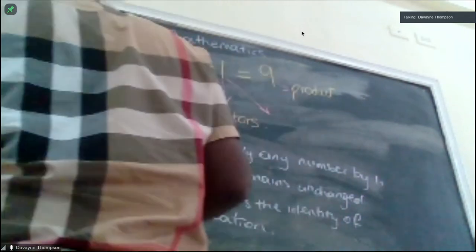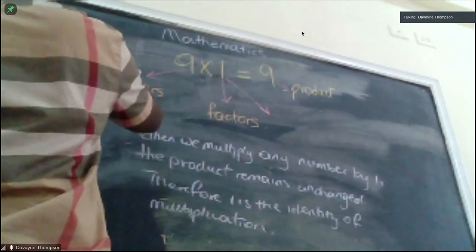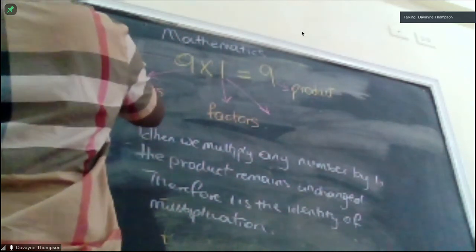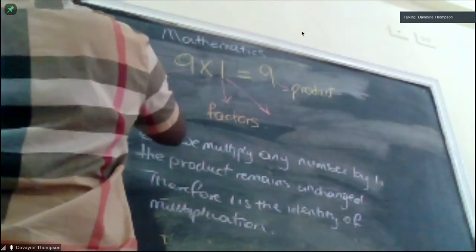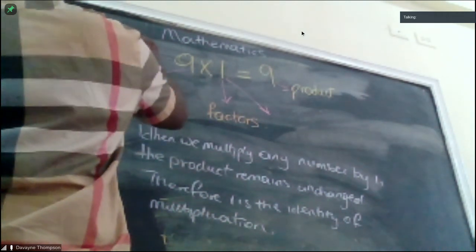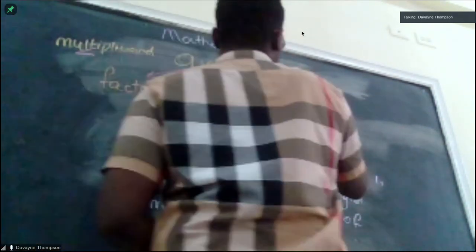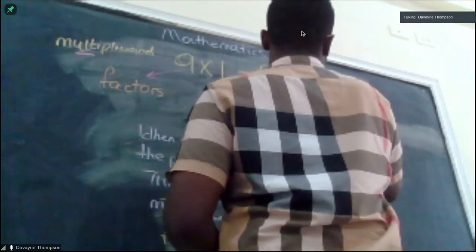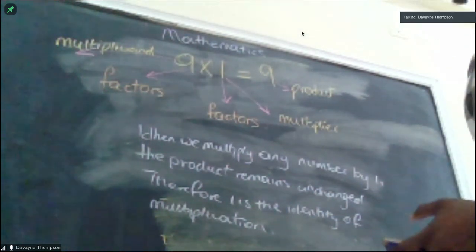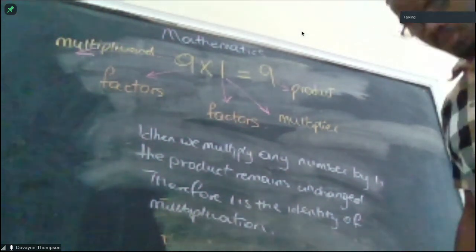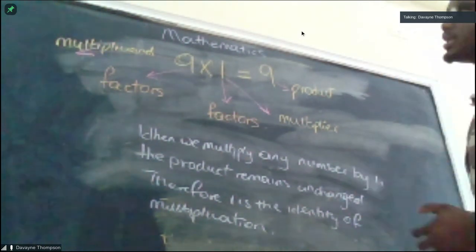The 9 is called the multiplicand, and the 1 is the multiplier. Okay? Alright, so that was the identity for multiplication.